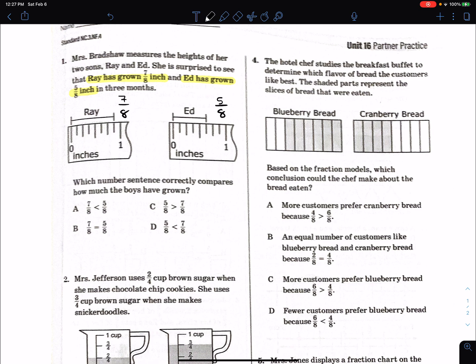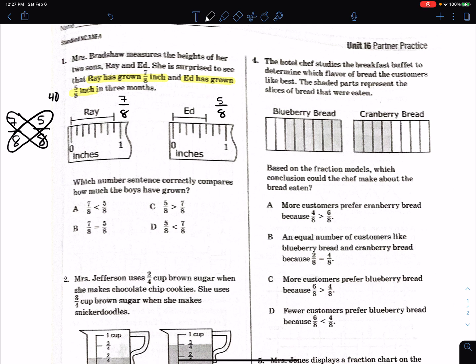One way is I can come over to the side just so I have room to show you, and we can cross multiply. We have 7/8 and 5/8. Okay, 8 times 5 is 40, and 7 times 8.